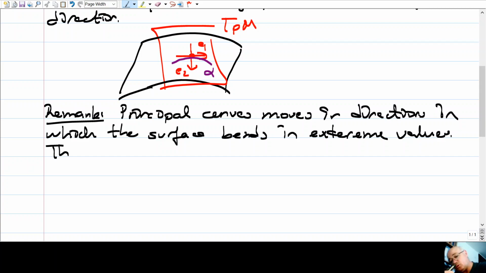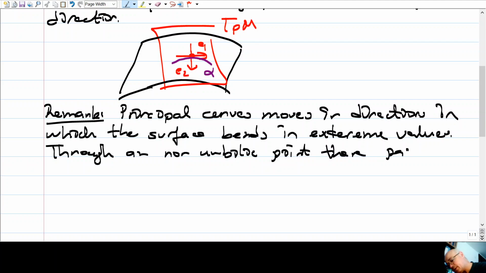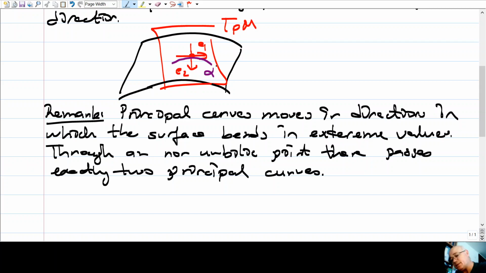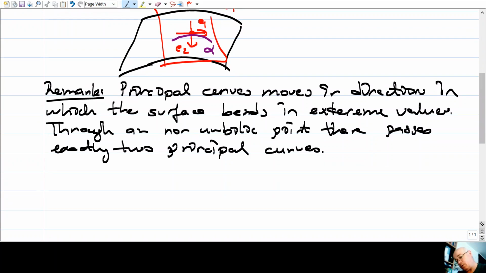So through a non-umbilic point there pass exactly two principal curves. One of them is this alpha, and there can be another one. All right.